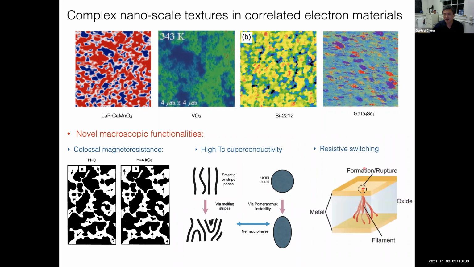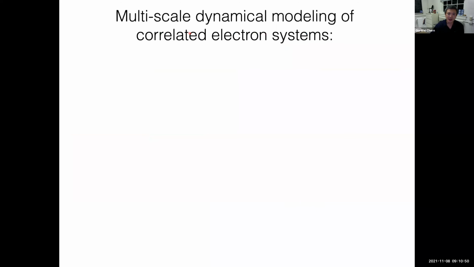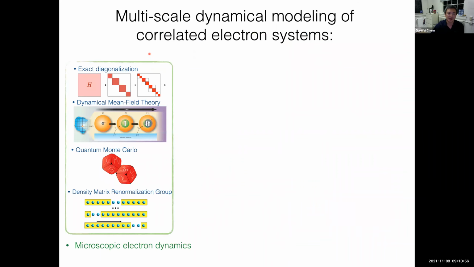And finally, inhomogeneous states are also very important for understanding the resistive switching phenomenon in conventional materials and also in strongly correlated materials. So to model these inhomogeneous states, intrinsically we need multiscale methods, and that means it's a computationally very difficult task.